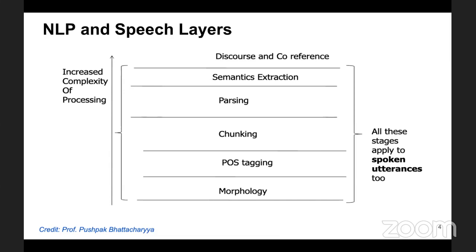Now if you already have a POS tagged corpus, then you already have a clue as to what sense it can belong to, because it can belong to 5 different noun senses, or it can belong to 18 different verb senses. I showed you the example of kar on the WordNet website. So if you already have a POS tagged word, then you can probably narrow down your classification of that word, that multi-class classification, and hence it would become easier.